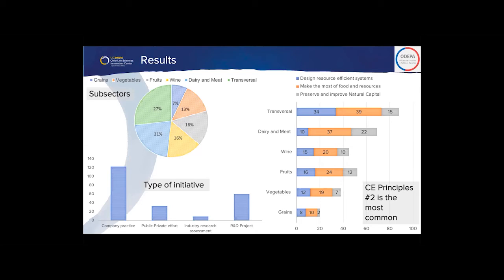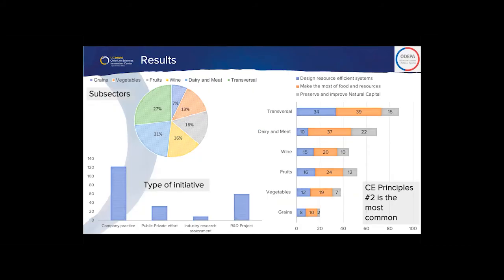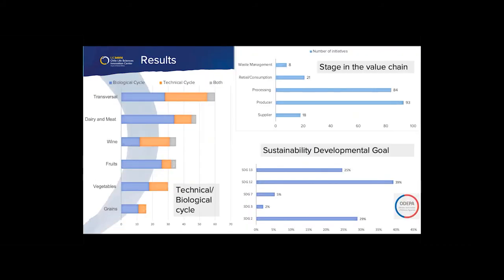Regarding the classification of these initiatives in the three circular economy principles I mentioned, the good news is that all of the subsectors had representative initiatives in the three principles. However, principle number two, make the most of food and resources, relating to reuse, repair, remanufacture, revalue, recycle, and recover, was the most common in all of the sectors.